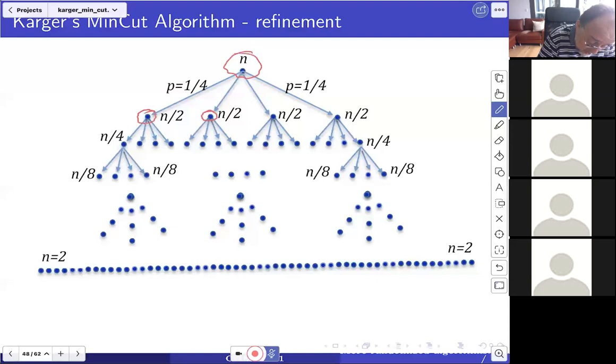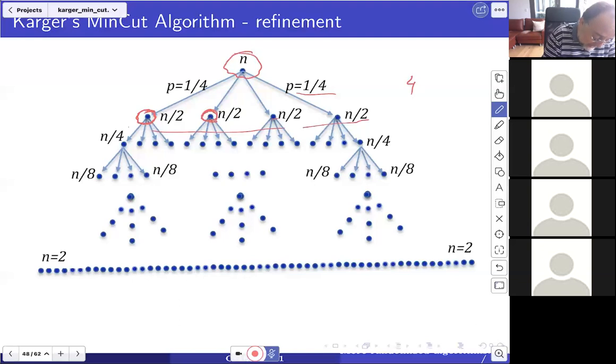And you do it 4 times. The probability that you haven't messed up in one of the graphs is 1/4, but you have 4 of them. And the fact that you have 4 of them will compensate for the drop in probability.